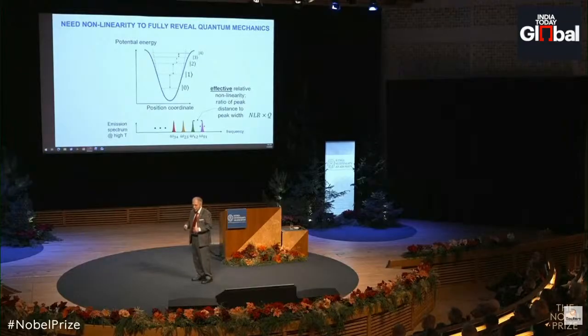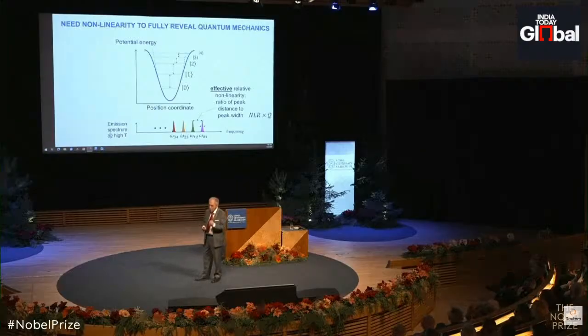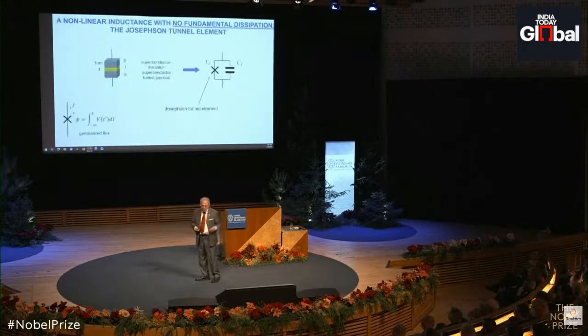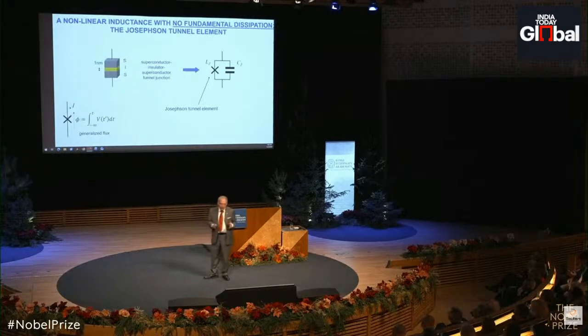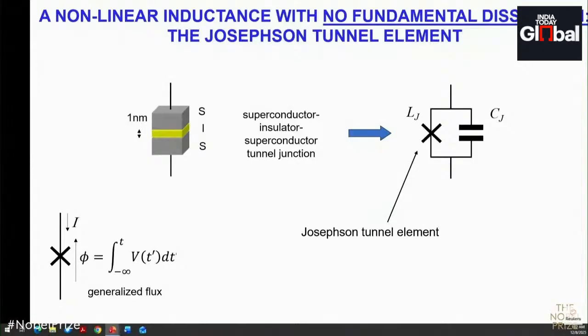So you need to have a good nonlinear system, but you also need very small dissipation. And this was something that Tony Leggett realized. There is only one electrical element that provides this combination of very low dissipation. In fact, there's no known limit to the dissipation of a Josephson tunnel element, and enough nonlinearity.